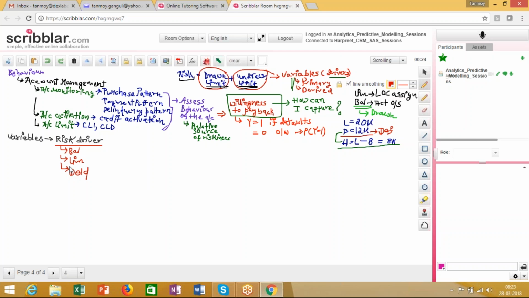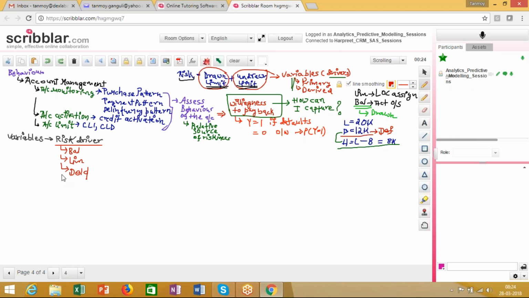We say this person has missed paying the bill for one cycle, and hence is one cycle delinquent, right? Delinquency is a very critical variable for a credit card. Now let's look at the different kinds of variables that we can frame from this, which can help us assess the willingness to pay back.